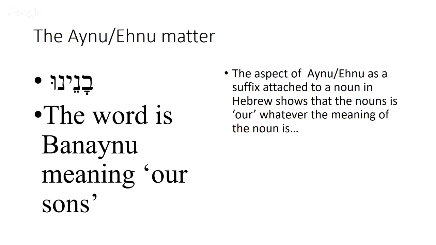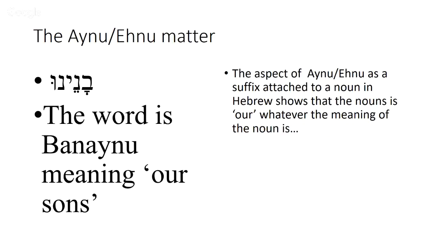So now, the aspect of the enu or enu as a suffix attached to a noun in Hebrew shows that the noun is our, whatever the meaning of the noun is. So in other words, the noun in this case we're dealing with is the word ben, which means son. All right, so now if that is the case, Benenu means our sons.